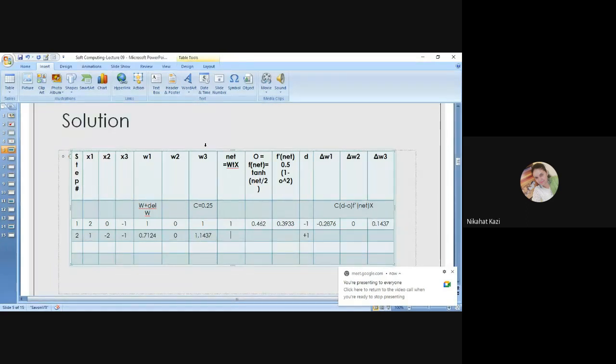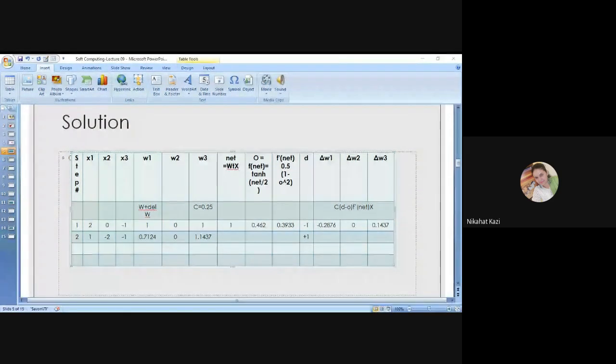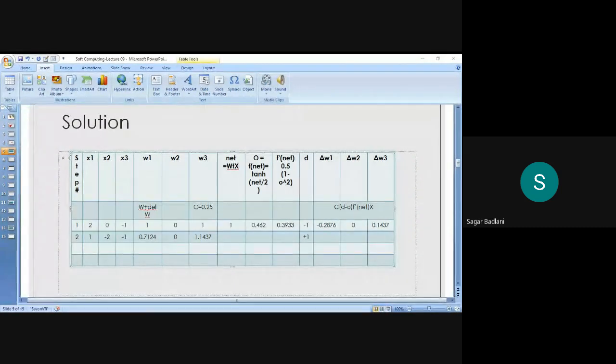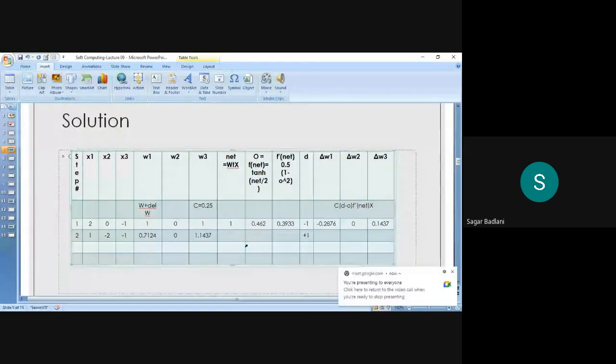Next, net. We compute net, W transpose X. What is the value for net? Minus 0.4313.